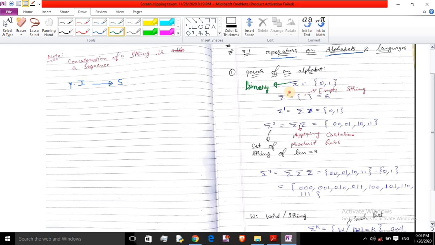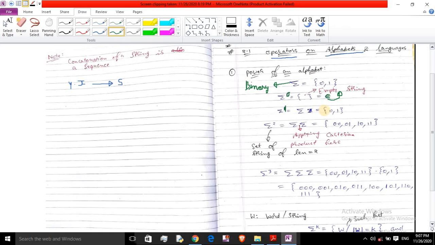If we talk about its power, then sigma to the power 0 is equal to the empty string. This is the epsilon symbol, the denotation for an empty string. Now look at sigma to the power 1.